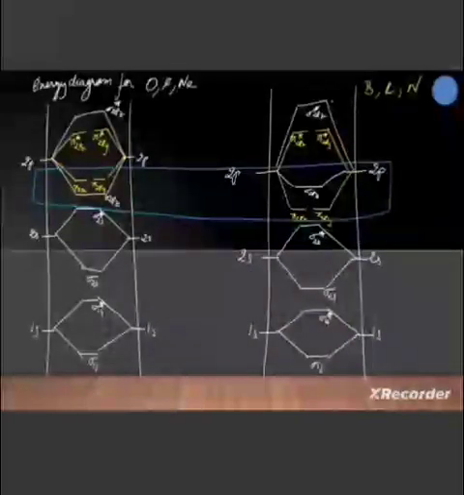The increasing order of energy of the various molecular orbitals for O2 and F2 is sigma 1s less than sigma star 1s less than sigma 2s less than sigma star 2s less than sigma 2pz, which is less than pi 2px equal to pi 2py, which is less than pi star 2px equal to pi star 2py anti-bonding molecular orbitals, which is less than pi star 2pz.